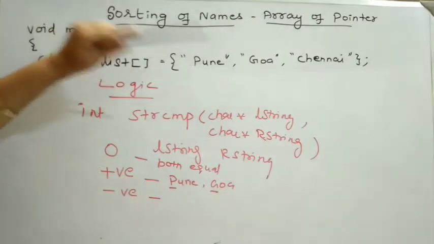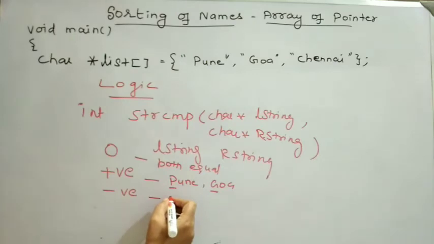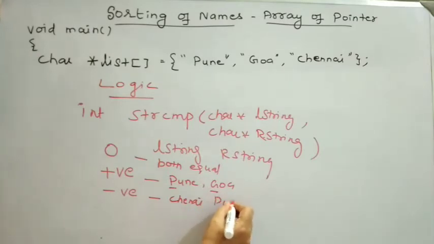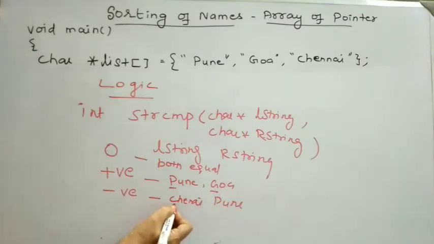Okay. So when I compare Chennai and Pune, comparing the first character, in the left string we have the alphabet C, in the right string we have the alphabet P. C comes before the character P. In that case, it will return a negative value.